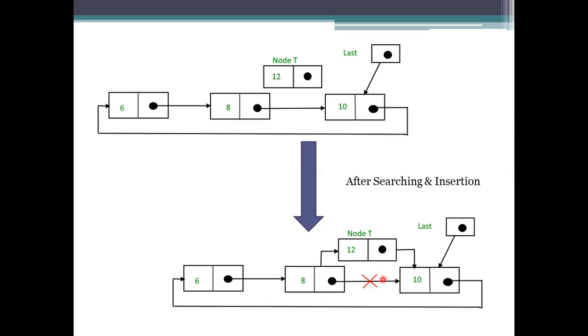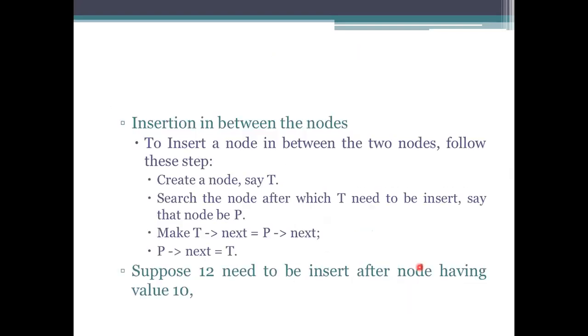We need to remove this link, and we need to form a link which is specified here. The link we are using: T's next link could be last. T's next will be P's next.